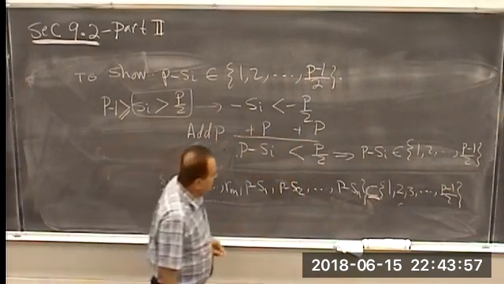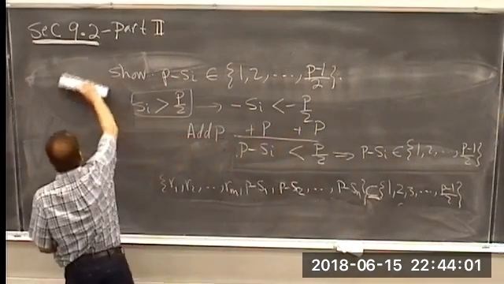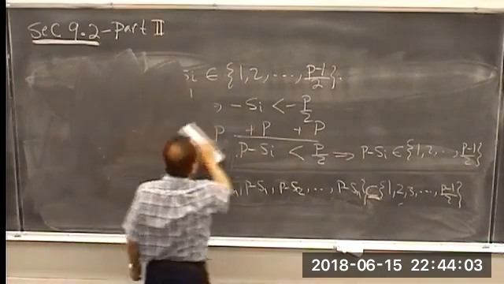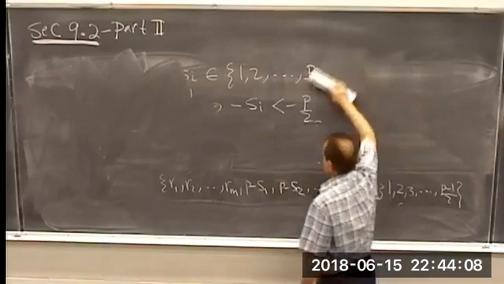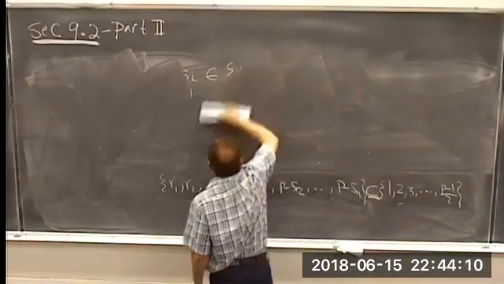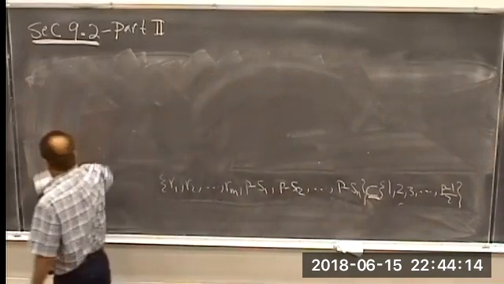So I'm going to show that all the r sub i's are not equal to each other, and the p minus s sub i's are not equal, and the r sub i's and the p minus s sub i's are not the same.